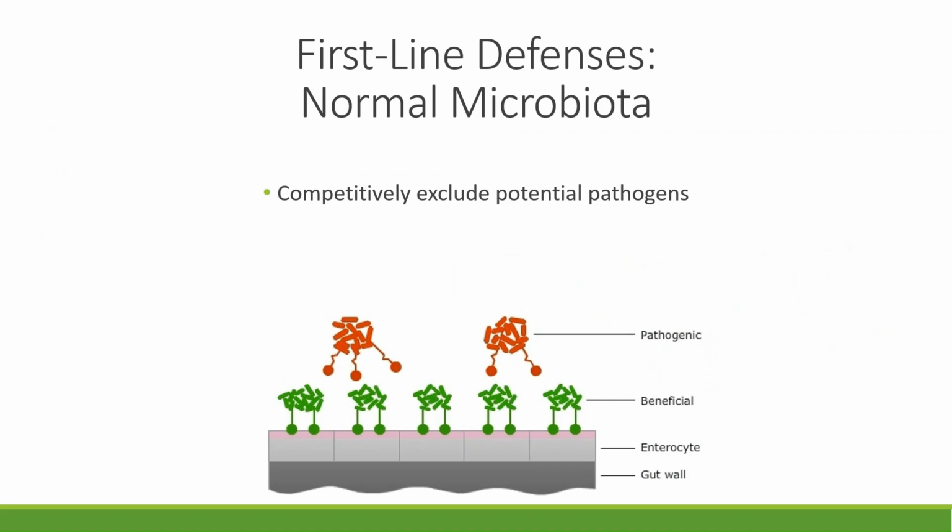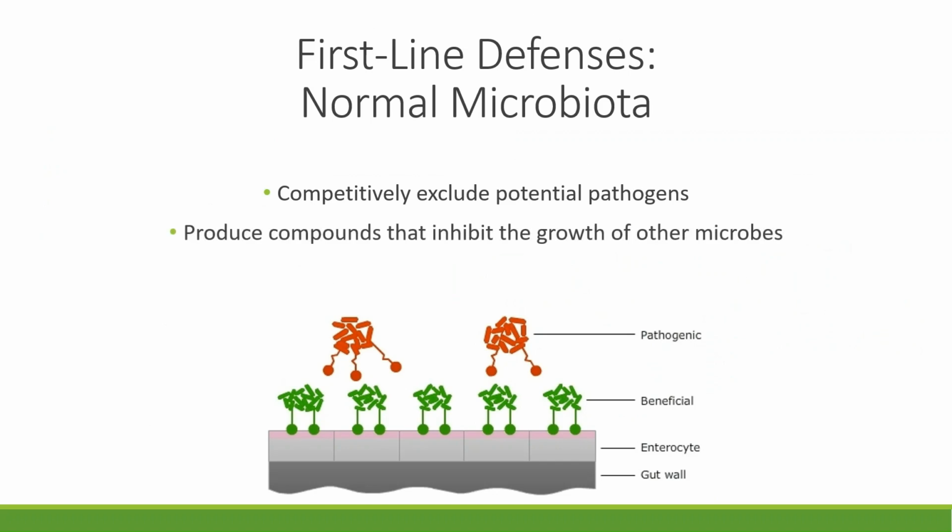They're competing for a certain amount of real estate. And they also have ways to compete with other microbes by producing compounds that inhibit their growth. They also help to promote and develop a healthy immune system.